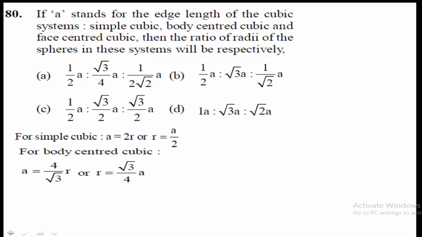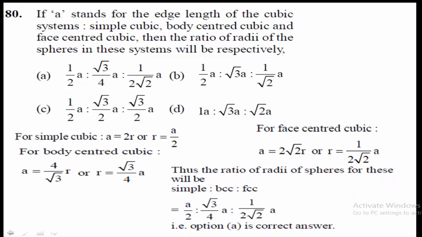For body centered cubic, a is equal to 4 by root 3 r or r is equal to root 3 divided by 4 a. For face centered cubic, it is given by a is equal to 2 root 2 r or r is equal to 1 by 2 root 2 a. So taking the ratio of these, we will get a by 2 ratio root 3 by 4 a ratio 1 upon 2 root 2 into a. Therefore, option A is the correct answer.